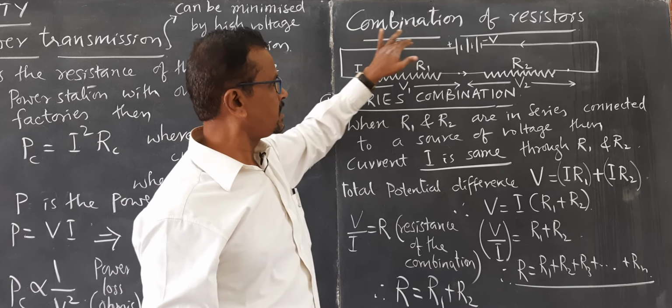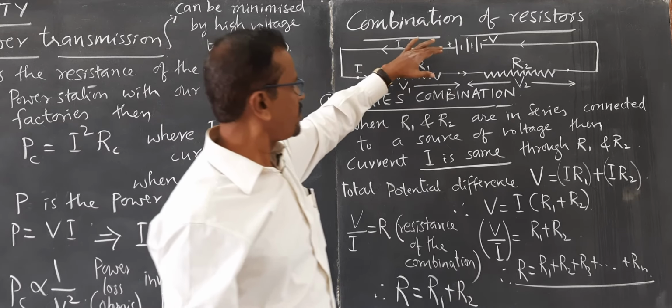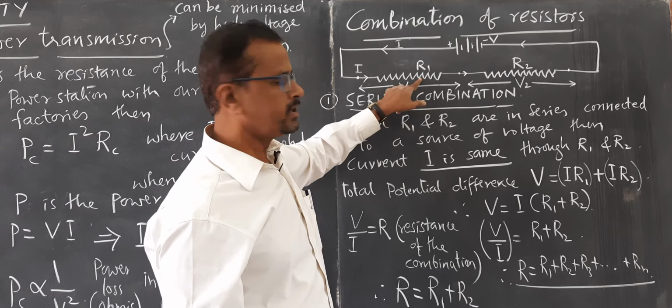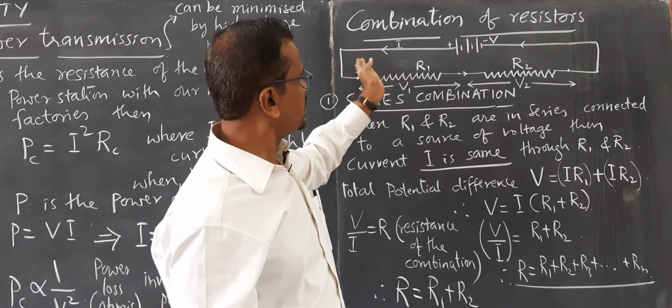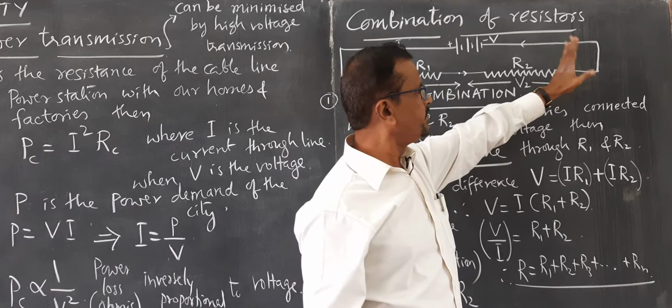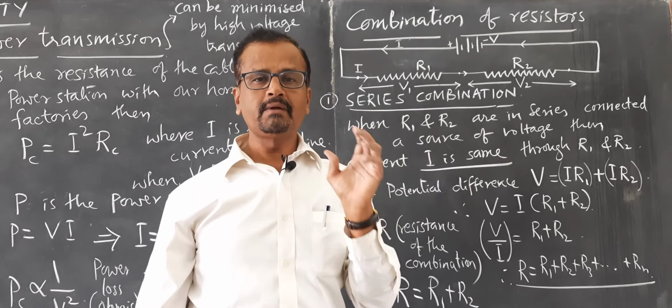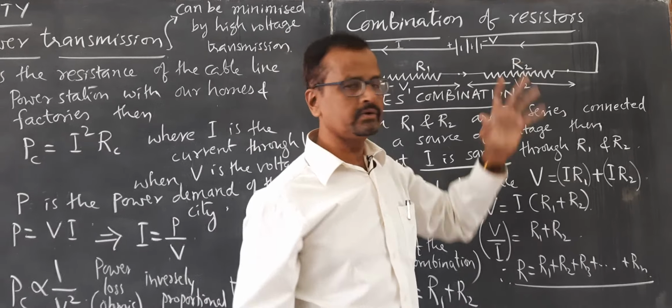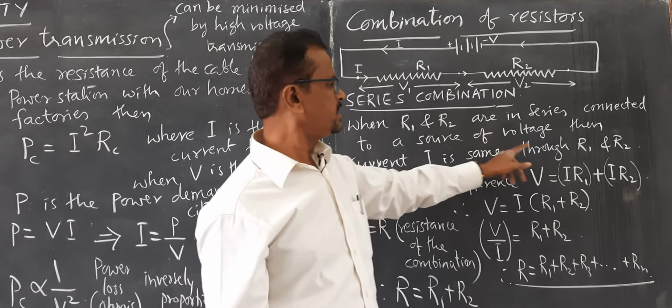Whatever the charges that are driven per second from the battery, the same charges are entering R1 and the same charges are leaving R1, and again the same charges are entering R2 and leaving R2. So, the number of charges entering per second and leaving per second through R1 and R2 is the same. Therefore, current I remains the same.